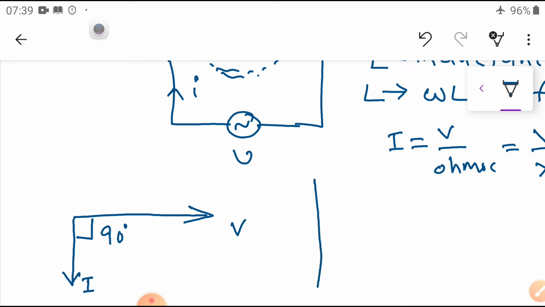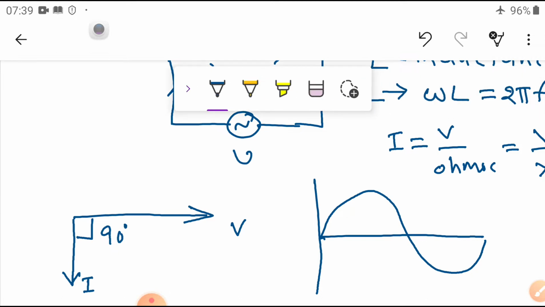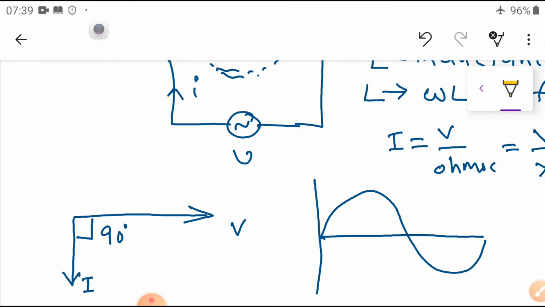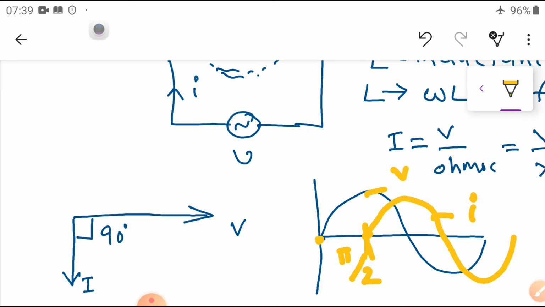If you draw the phasor diagram, this is the voltage, but our current has a maximum 90 degrees displacement. That means after the voltage starts here, the current will start here. The phase angle is equal to pi by 2. So, we can say that this is the current, this is the voltage. Here the current is lagged by pi by 2, 90 degrees maximum.